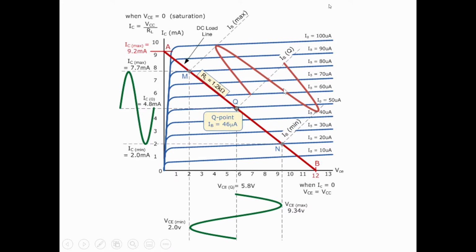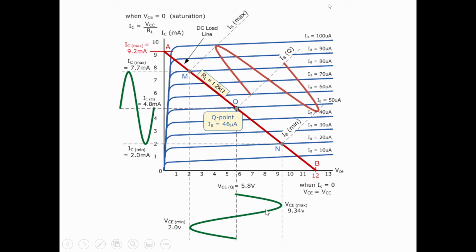Just imagine if this red signal, if I brought it down and applied it from that point, then surely this IC, the collector current, will probably be healthy that way, but the bottom part will be chopped off. The bottom excursion will be chopped off. And the voltage would also move here, and some of this voltage would be chopped off.